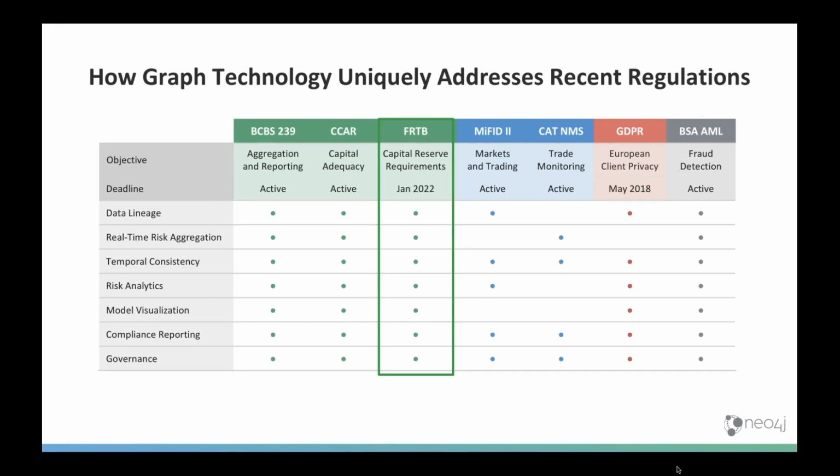So again, how does graph technology uniquely address these regulations and risk management? So clearly, we looked at data lineage, we looked at real-time risk aggregation, we talked a little bit about temporal consistency, which is essentially being able to generate a report as of a particular time.